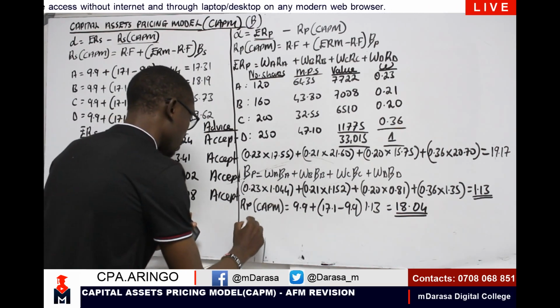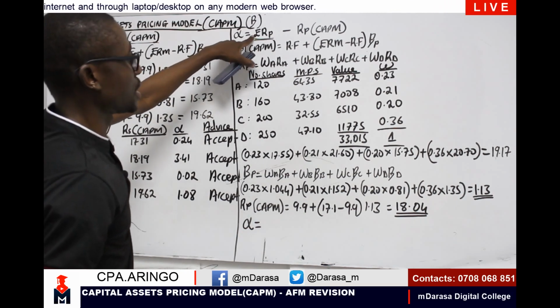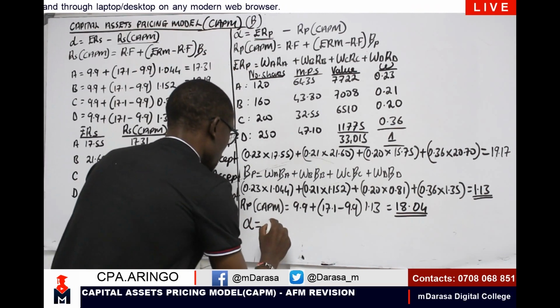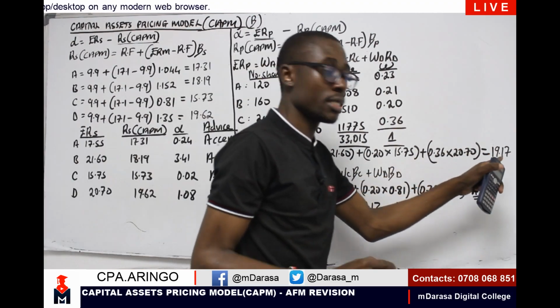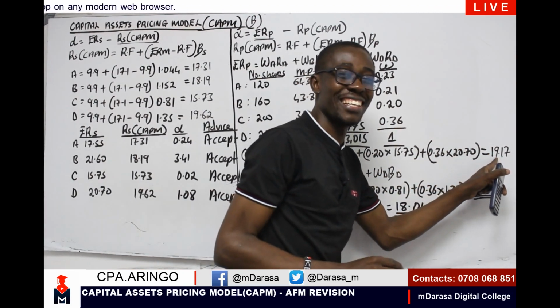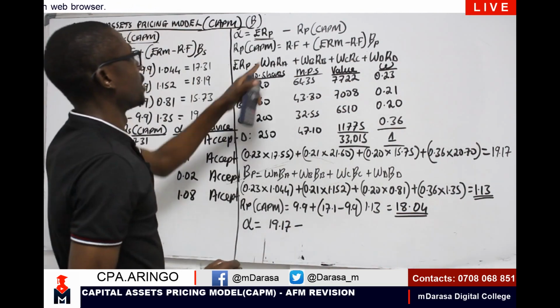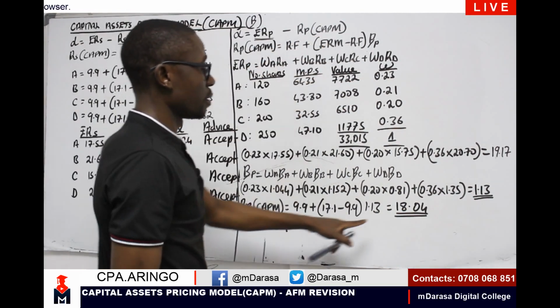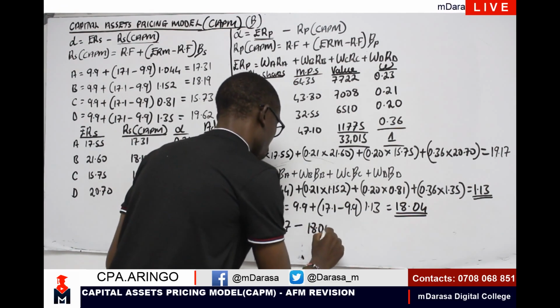We need to determine our alpha. Look at this case, expected return of the portfolio, which is 19.17, the one that we determined here, which I know you can clearly see. Then we less our return of the portfolio under CAPM, which is 18.04.